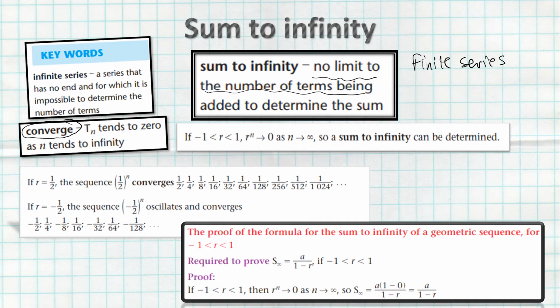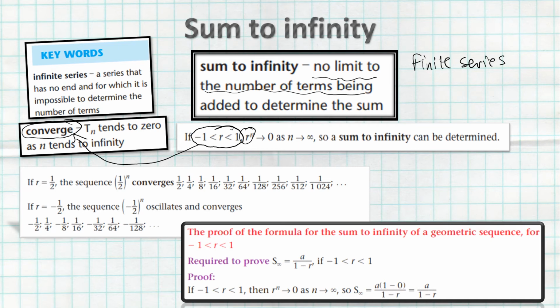You simply calculate your r. If your r is between -1 and 1, then your series is convergent, right? So this is a condition. Let's say for instance my r^n is my Tn, where a is 1 and we have 1 times r^n. If my Tn is moving closer to 0 as n approaches infinity, then we can get this sum to infinity.